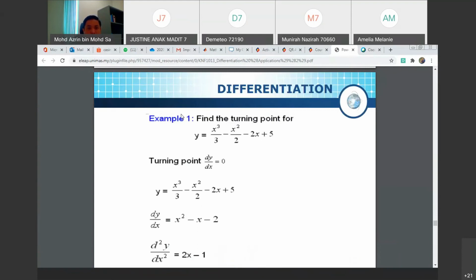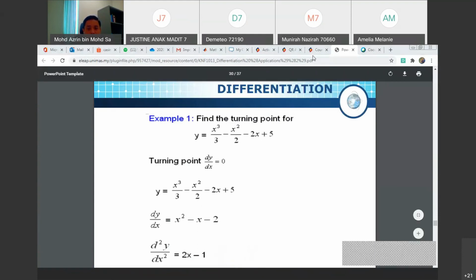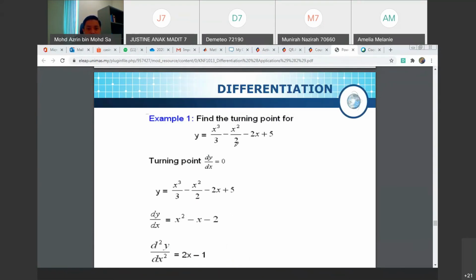So when you do this, you find for dy dx equal to 0, but you need to differentiate first lah. So you will get here, right, first derivative lah.